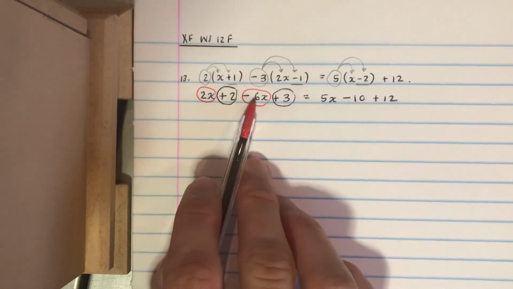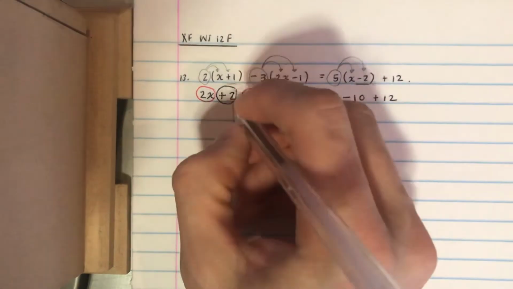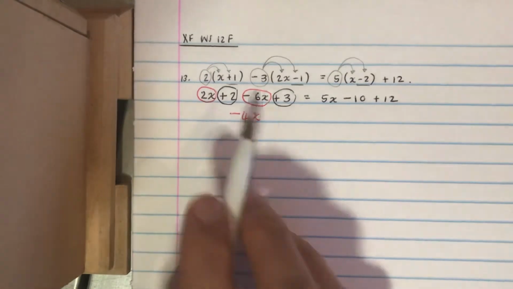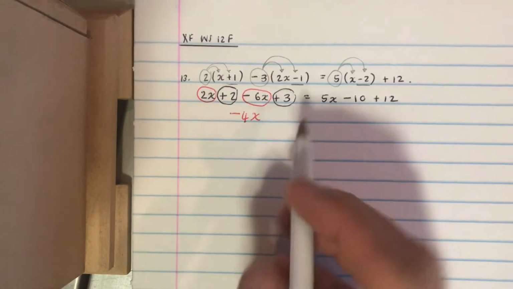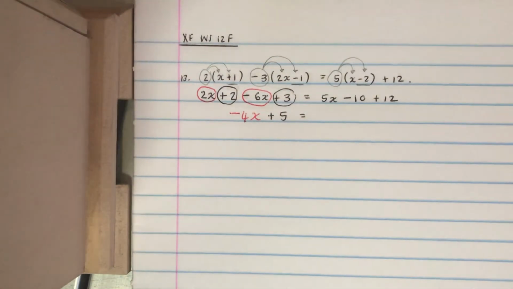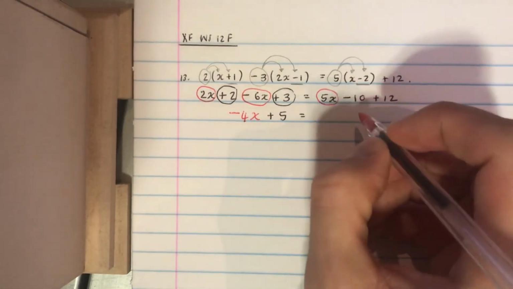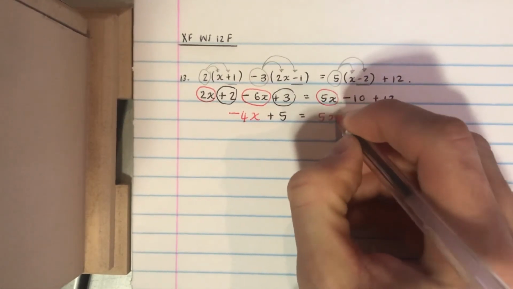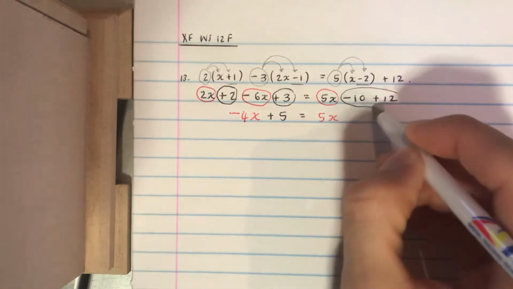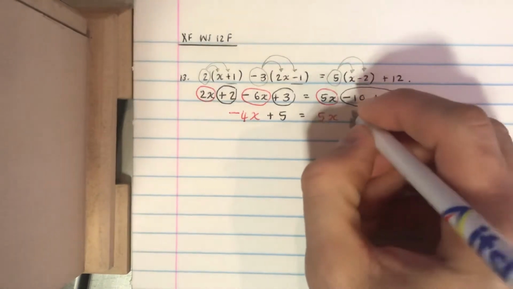So 2x minus 6x will result in negative 4x, and then for the constants, positive 2 plus 3, positive 5 equals, well, here we have 5x on its own. Nothing's going to change because there's no other x's, and then we have these two, negative 10 plus 12. So that will result in positive 2.